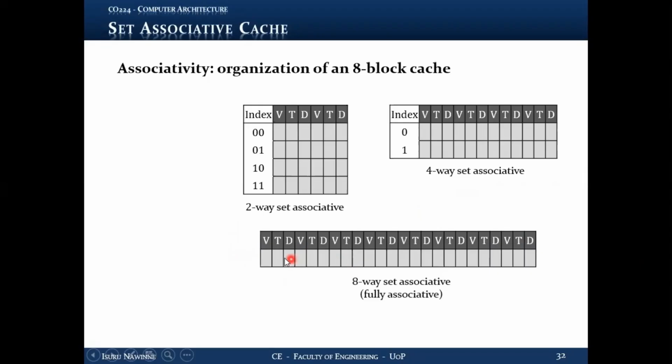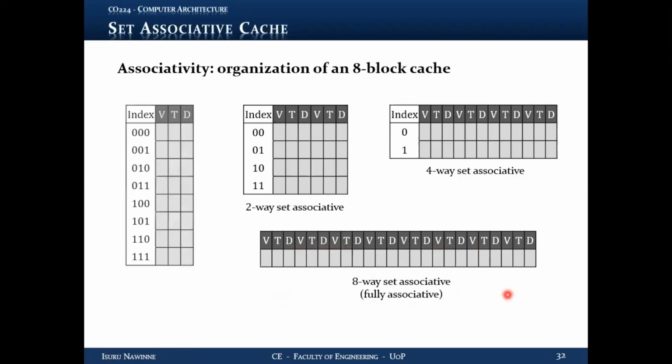There's only 1 entry in the cache, and in that entry, there are 8 different ways, right? So that is the fully associative implementation. In this particular instance, 8-way set associative for an 8-block cache is the fully associative implementation, right? So you need to have 8 copies of the tag comparison hardware and data extraction and data writing hardware, right?